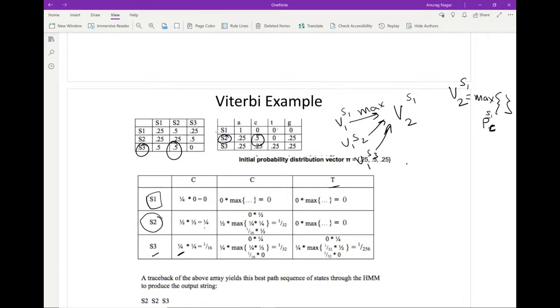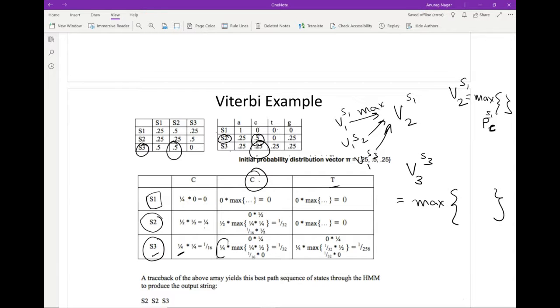of time 3 being in the S3 state. First, you take the max of three terms, like before, then the probability of S3 given C. Because S3 and C is 1 over 4, it is max of three terms multiplied by 1 over 4.